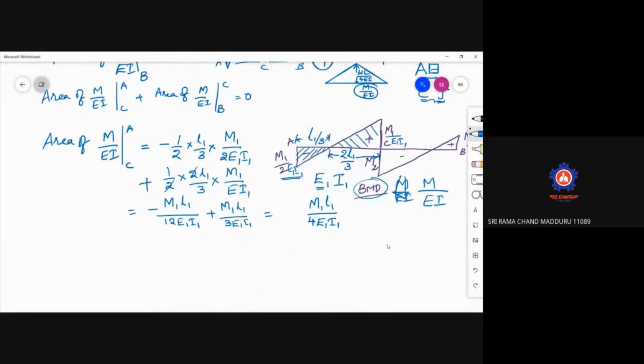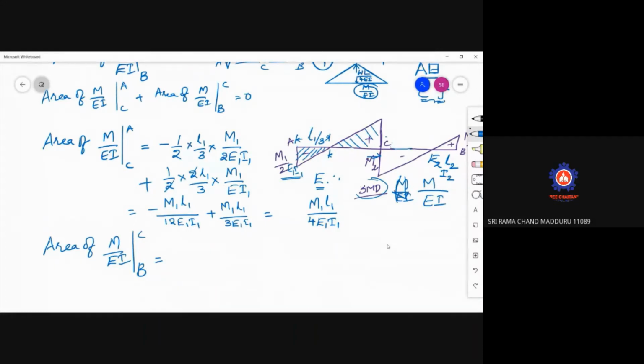Now after this I have to write the area of M by EI corresponding to C to B. So this is C to B. Here you know that this is E2 and the length is L2, moment of inertia is I2, and this is M2. I am erasing the remaining parts so as not to make it more confusing. Here also I will delete it, because I am only interested in the second span, the CB span.